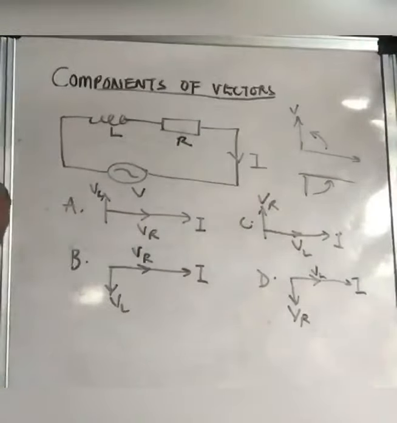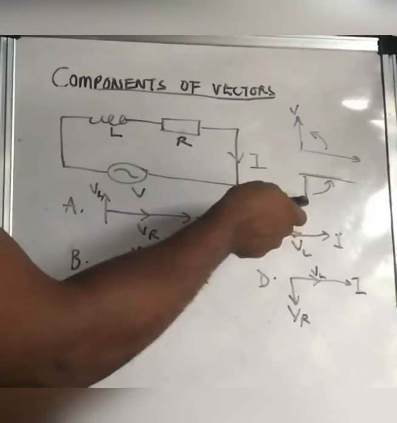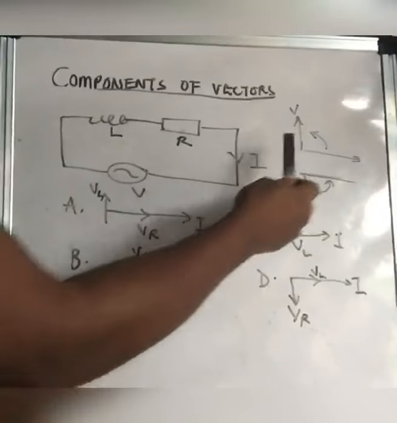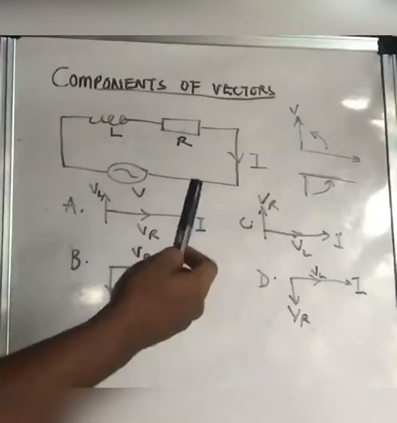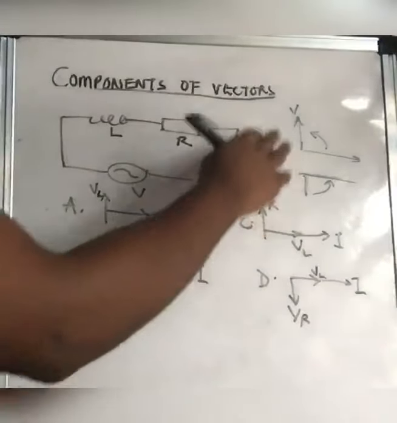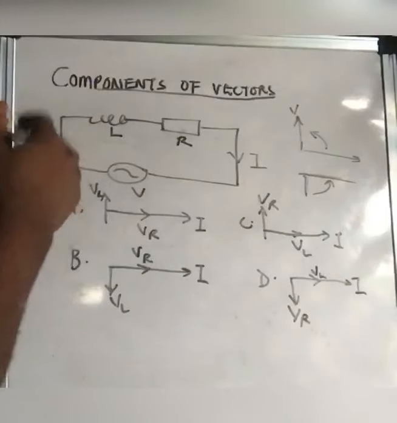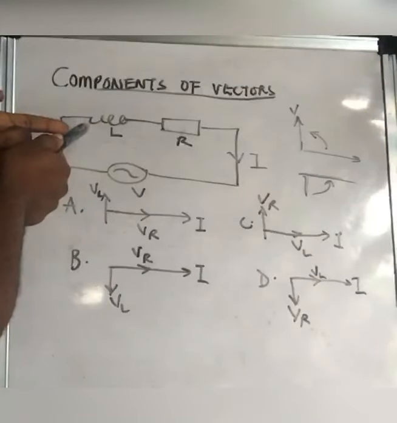But another thing you should look at is the value. Once you draw like this, it means this one is negative, this one is positive, this one is positive, this one is positive. Anyone that goes like this is negative. You get? So you still respect the Cartesian coordinates in the vector diagram you're doing. So you know that the voltage leads because of the inductor.